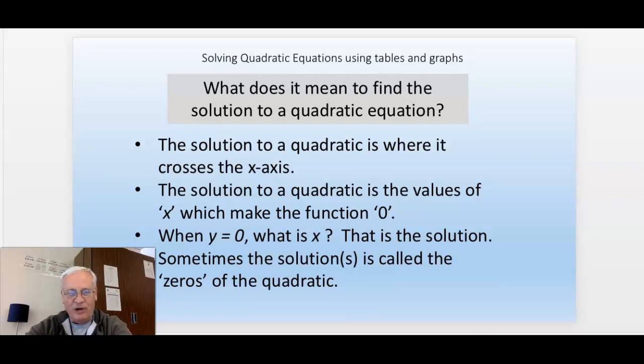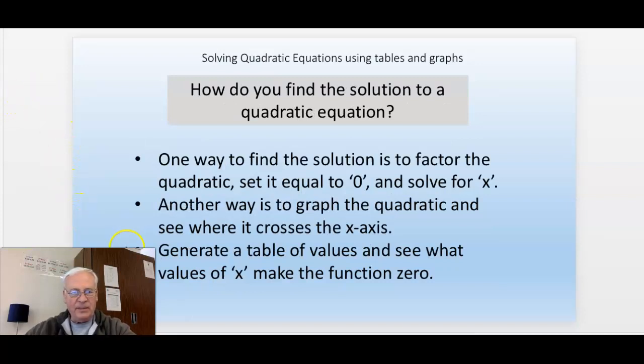That's where the quadratic crosses the x-axis when you graph it. When y is 0, what is x? That's the solution. Sometimes we actually call it the zeros, because that's where the function is 0.